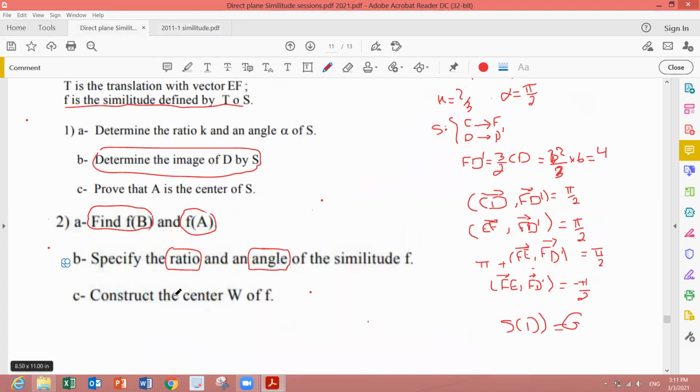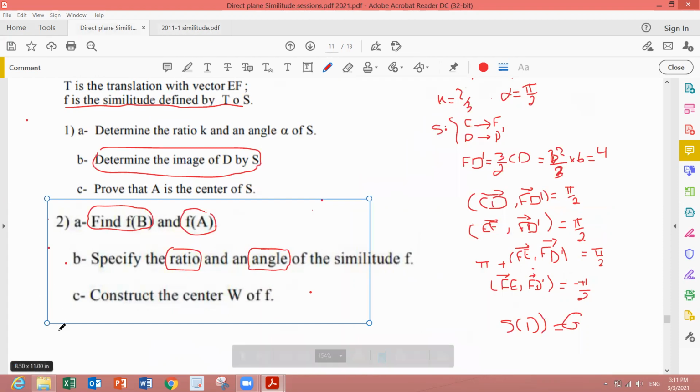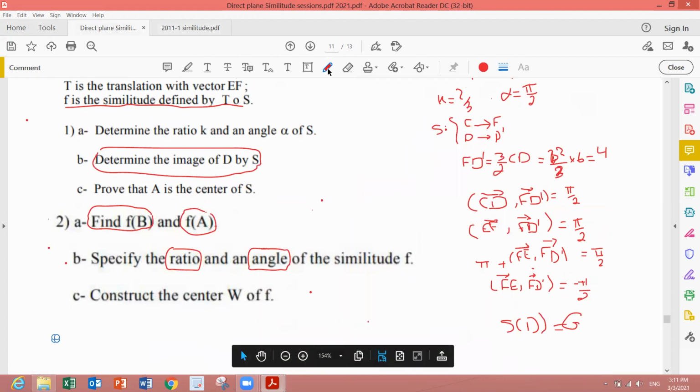Construct the center W of F. To construct geometrically, how to construct the center W of F?